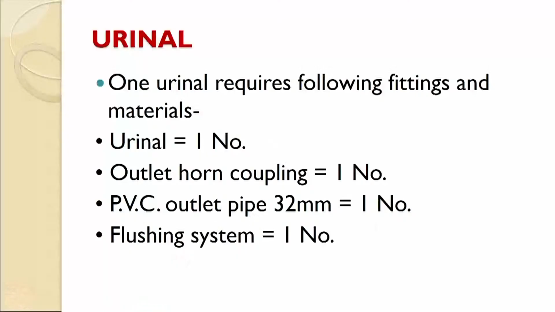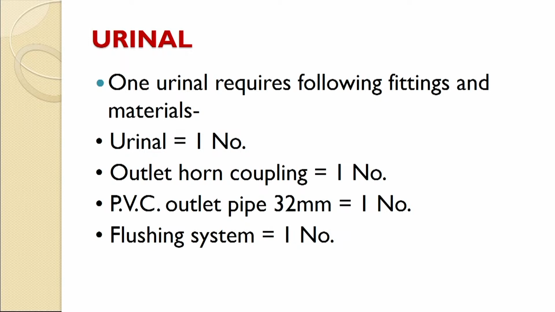Now these are some of the examples. Once you are going to fit a urinal, the quantity is 1, then the outlet horn coupling that gets you connected with your main pipe, that is 1.